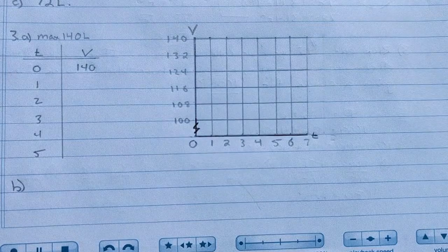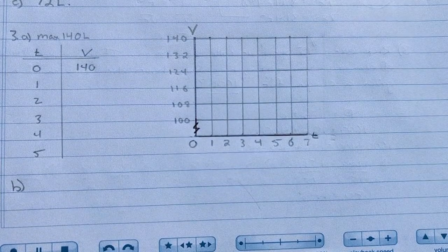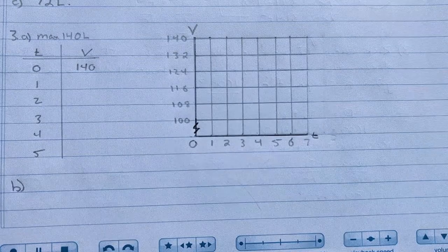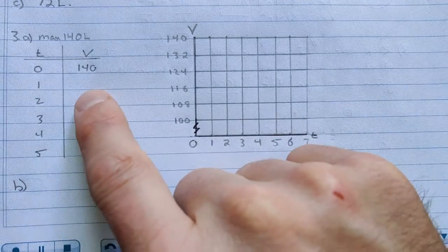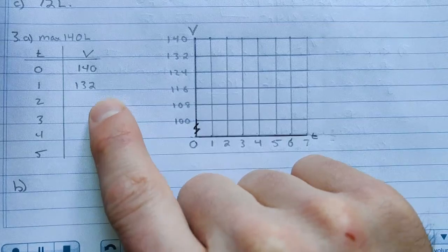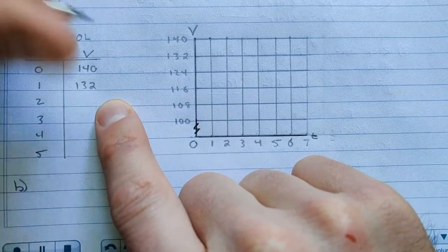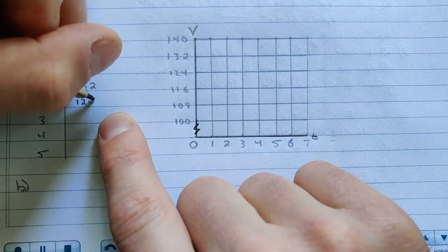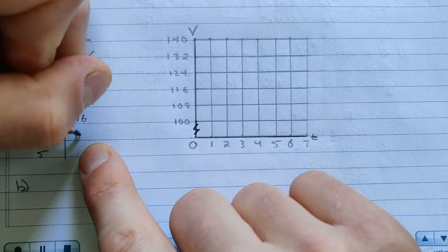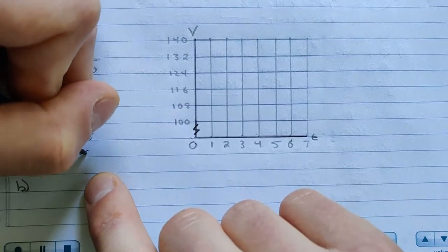And then every minute, it's going to fill up with 8 liters of water, so there's going to be 8 liters less space. So we're going to take away 8 each time here. So 140 minus 8 is 132. And then we'll take away 8 again, and we'll get 124, and then 116, and then 108, and then 100.